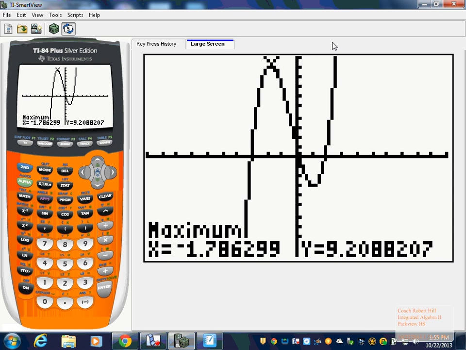It decreases from negative 1.79 to 1.12. Then what does it do from 1.12 to the rest of the time? It increases again. That's what you want.